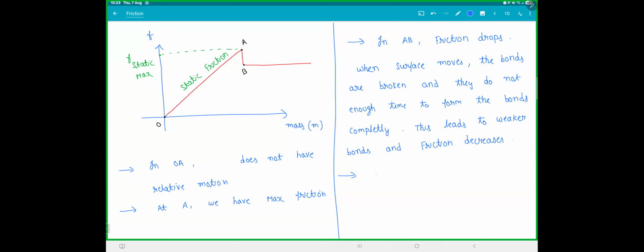And after B, the block moves with a constant friction. So you will settle down at a little lower value because the grip is weaker.